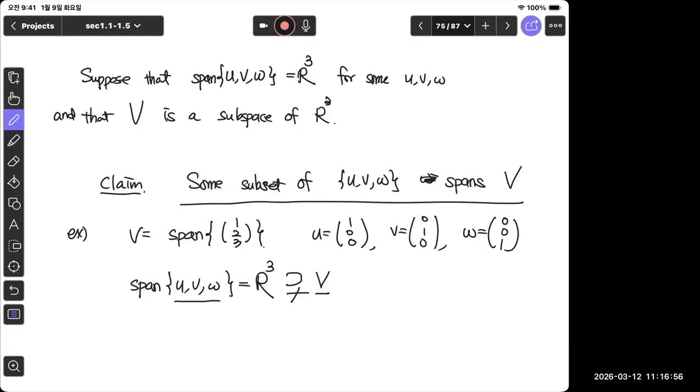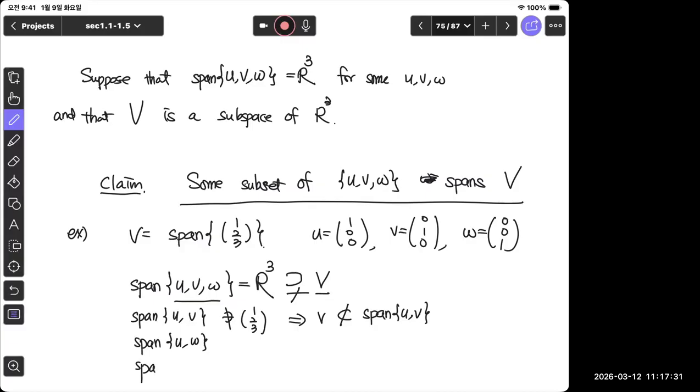Okay. Now, if I consider any subset, say span of U, V, it cannot contain the (1, 2, 3) vector. So that means V is not included in the span of U and V. And span of U and W does not include that vector either. Span of V and W cannot include that (1, 2, 3) vector.